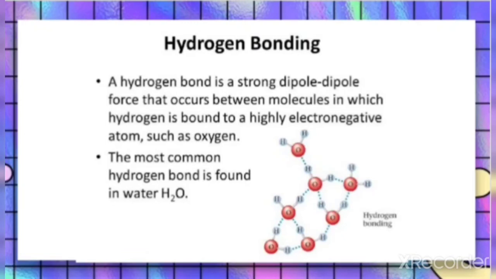In the case of water, as the picture shows, this force exists between the hydrogen of one water molecule and the oxygen of another water molecule. The most common example is the hydrogen bond in water.